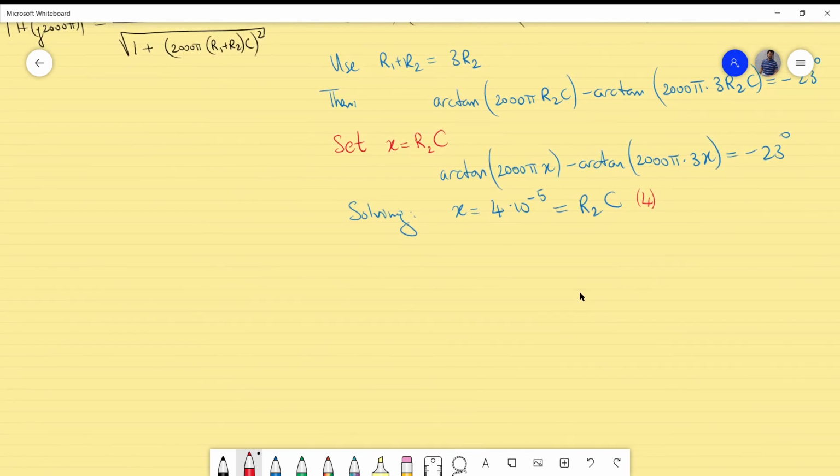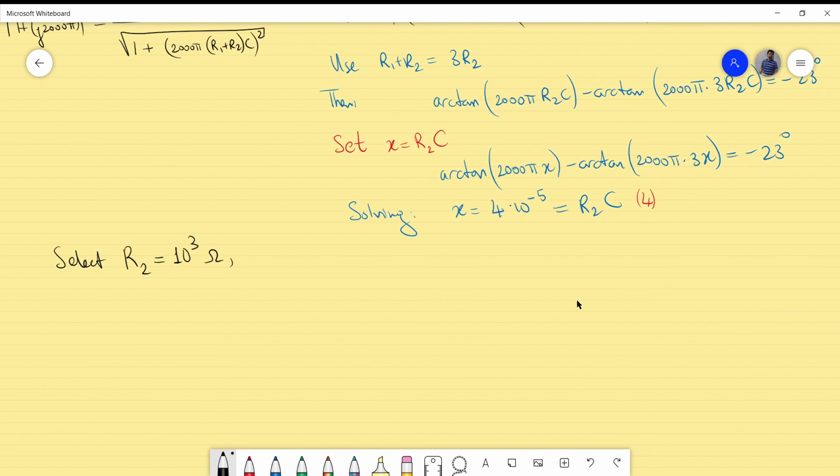I have to choose one of the component values. If I select one of the component values, I can calculate the rest. So if I select, for example, in this case, not the C for a change, I will make R2 be 1000, so it will be 1000 ohms, 1K.